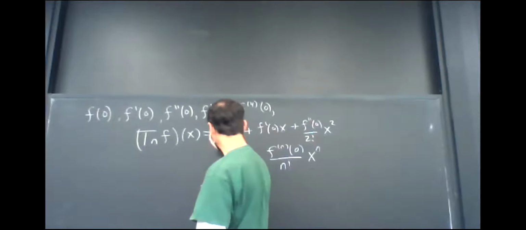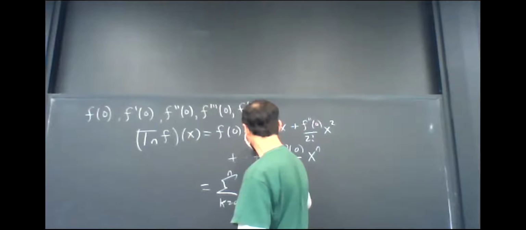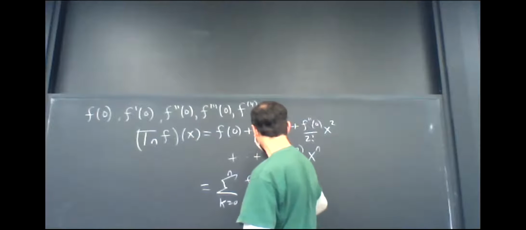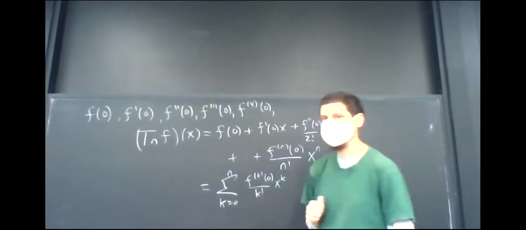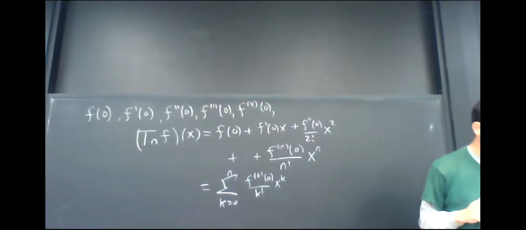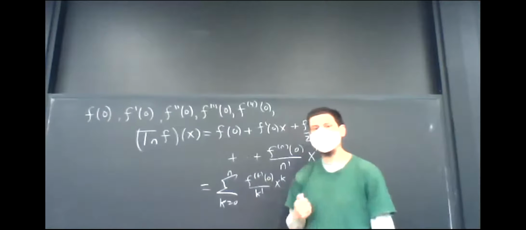Or, using summation notation, the sum k goes from 0 to n of the kth derivative at 0 over k factorial x to the k. And so we're using the factorial function, which we talked about briefly last time, and we are using the fact that 0 factorial is 1.